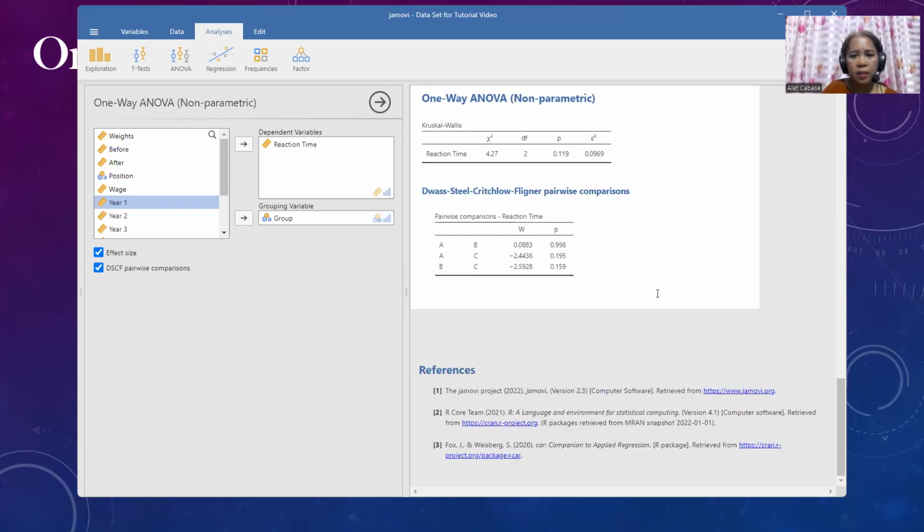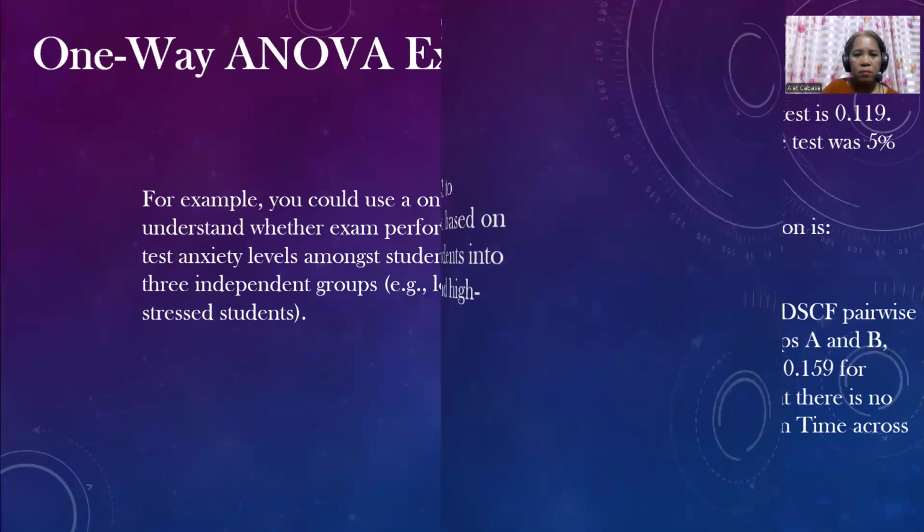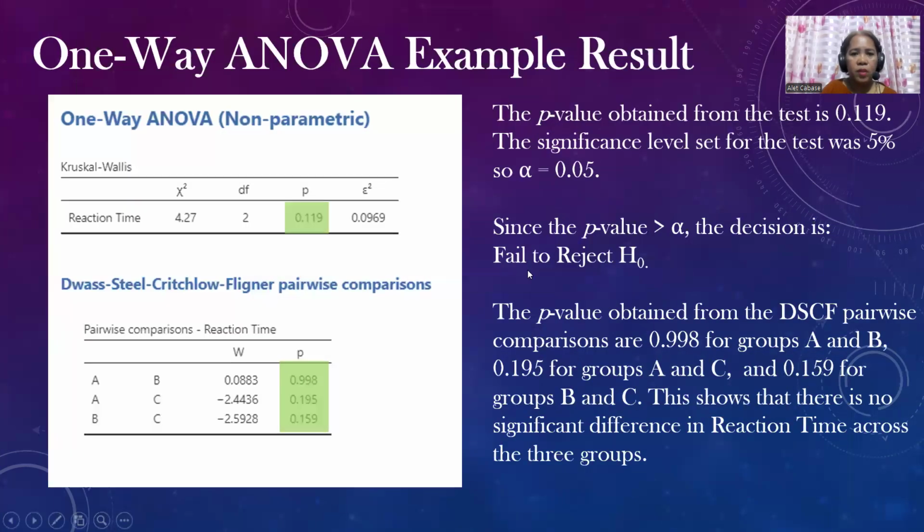Okay, so here is the result. Now let's interpret the results. Using the one-way ANOVA non-parametric, the p-value obtained from the test is 0.119. The significance level set for the test was 5%, so alpha equals 0.05. Since the p-value is greater than alpha, the decision is to fail to reject the null hypothesis.